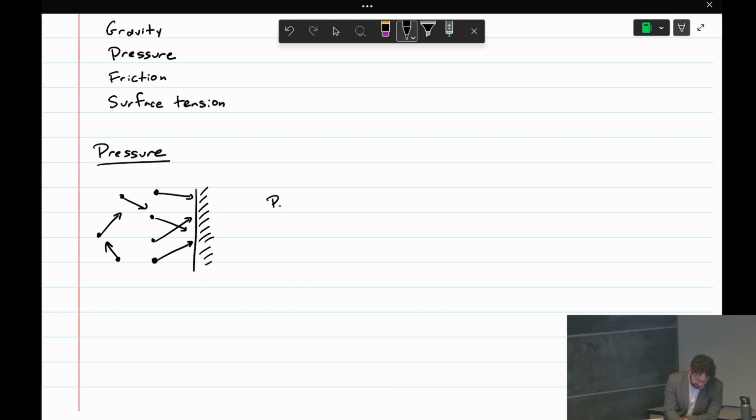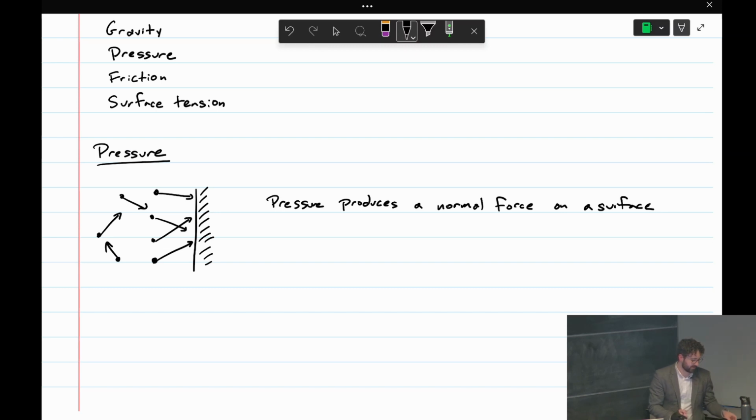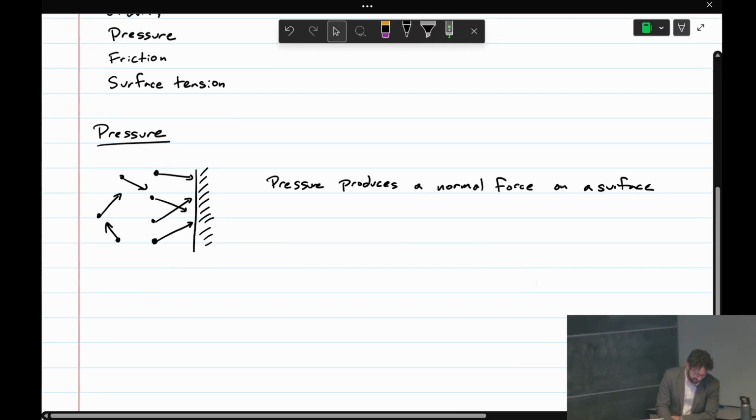So pressure produces a normal force on a surface.